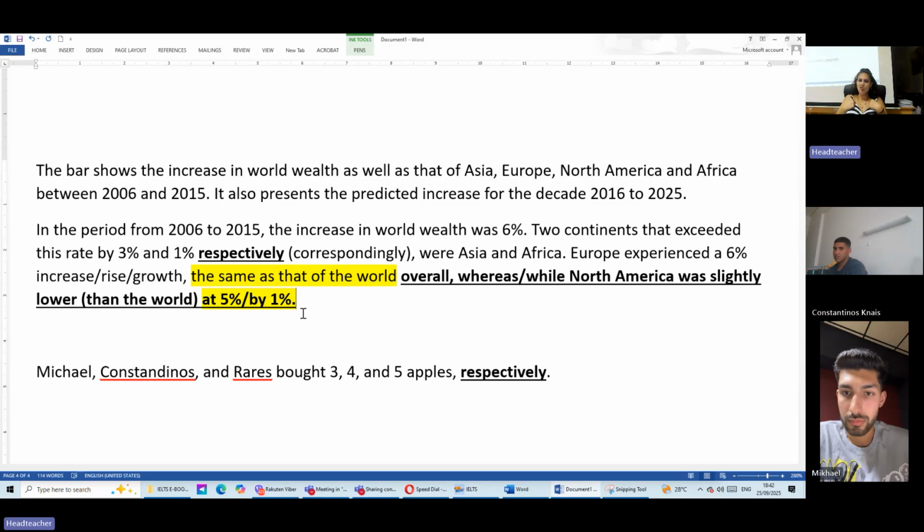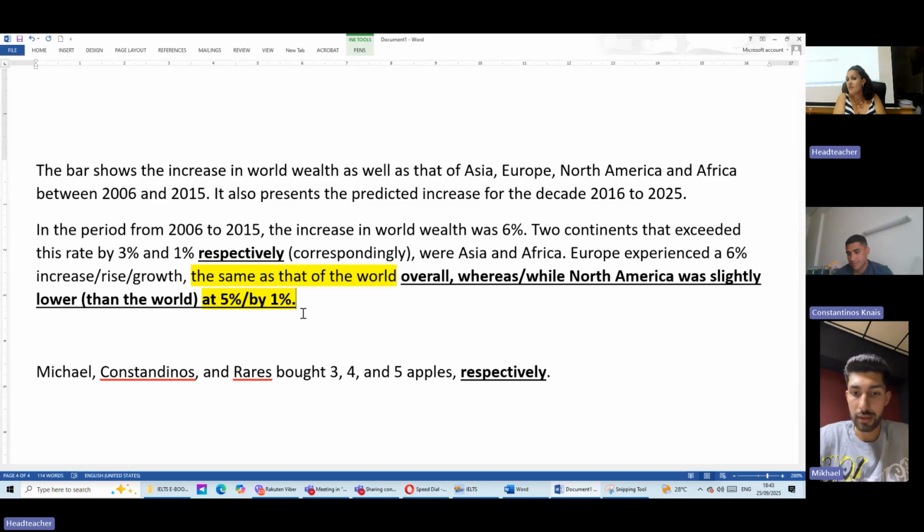Okay. Was North America the lower or the lowest? Or was the increase of wealth in North America the lowest? Come on, people. Was the country itself the lowest, or the increase of wealth in that country the lowest?